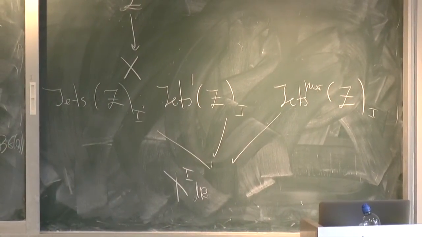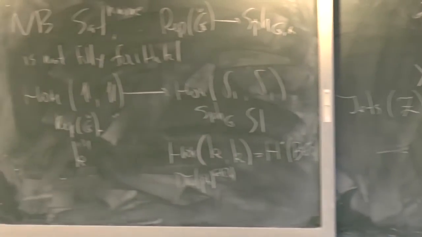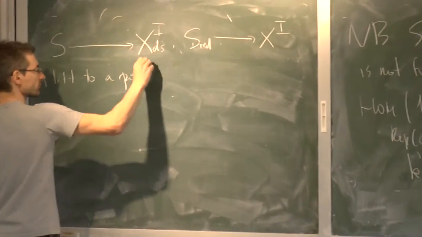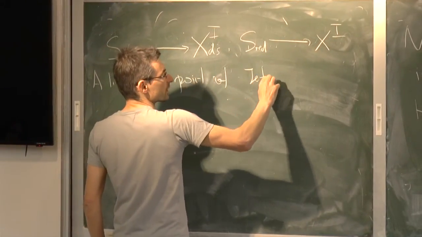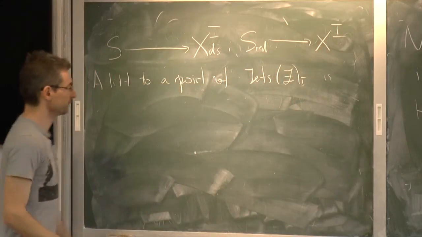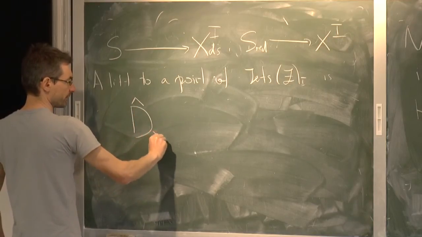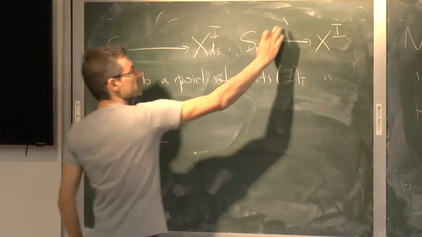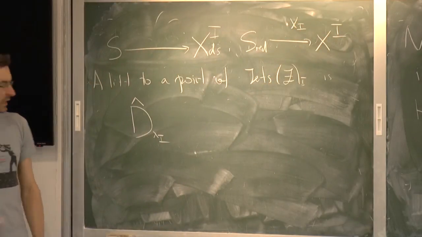So a lift to a point of jets Z_I is, well, remember the formal disk. Let me call this point x_I. I'll remind you what this is. Well, let me remind you right away.